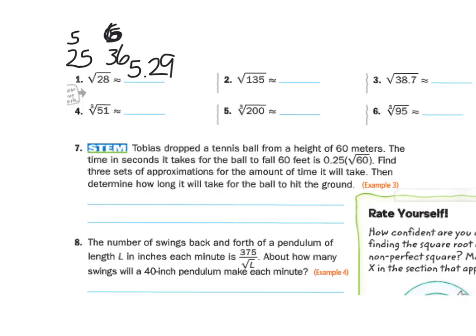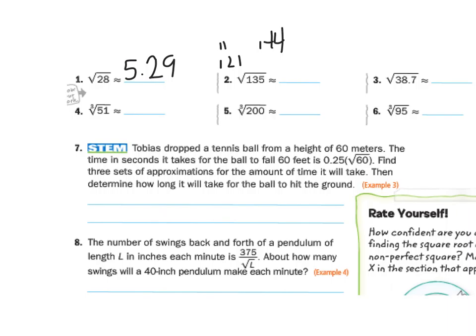So on the next one, square root of 135. Now, let's see, I'm pretty sure that 11 squared is 121. So 12 squared is 144.